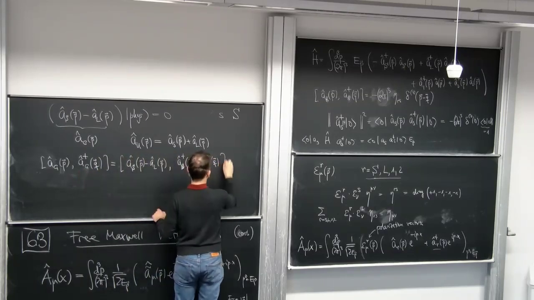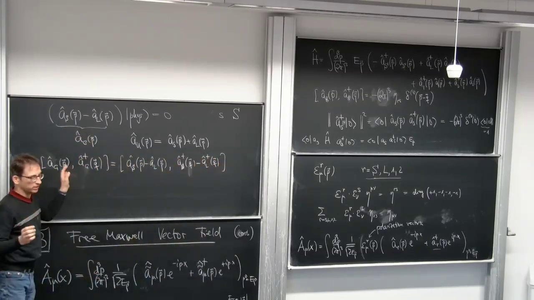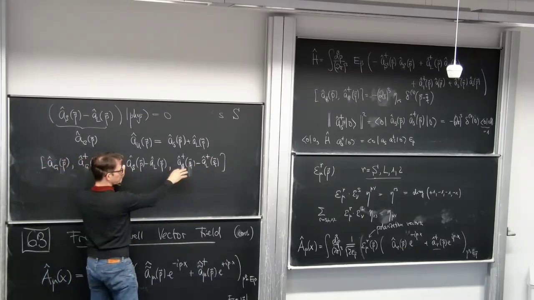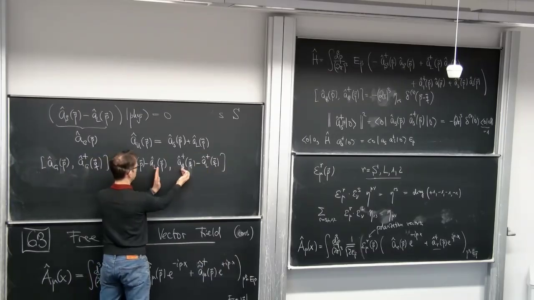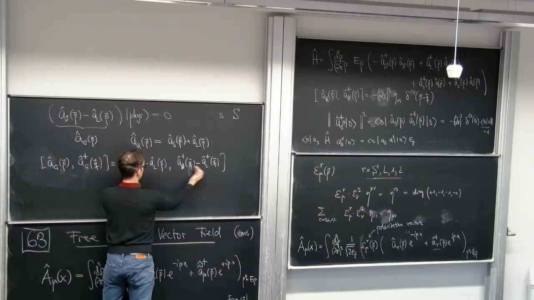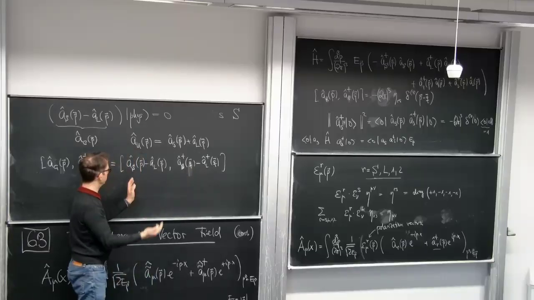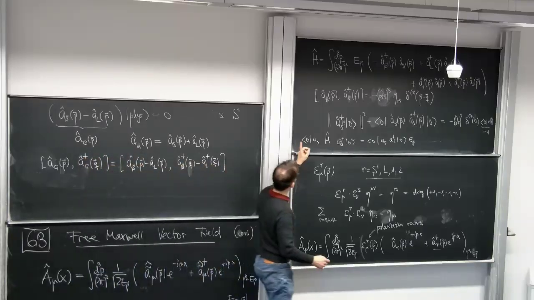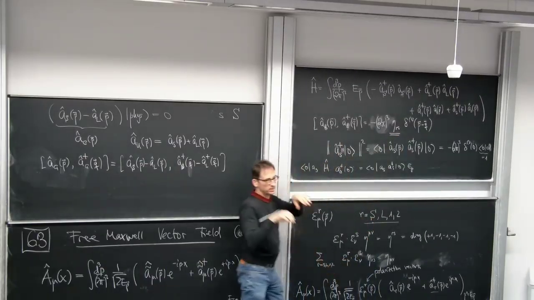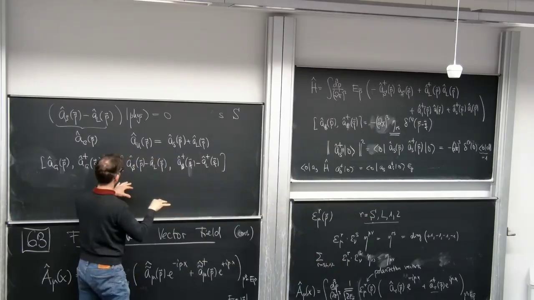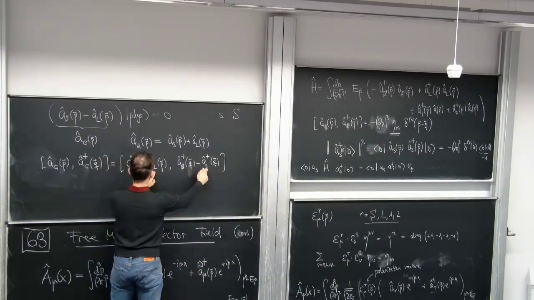That makes sense. I just inserted it. And now, expanding this out, we'll have 4 terms. The first with the first, second with the second, and then the mixed ones don't give you anything because of this delta. You have to have the same polarizations. S with S and L with L give you something.